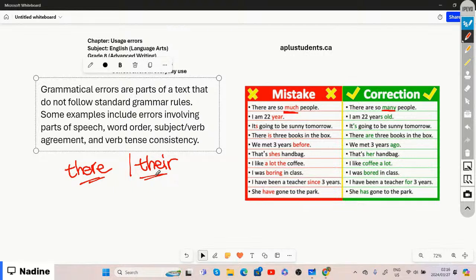We need to know when to use it, how to use it, and in which context or sentences. The mistake that we make is saying "she have gone to the park" instead of saying she has gone to the park.